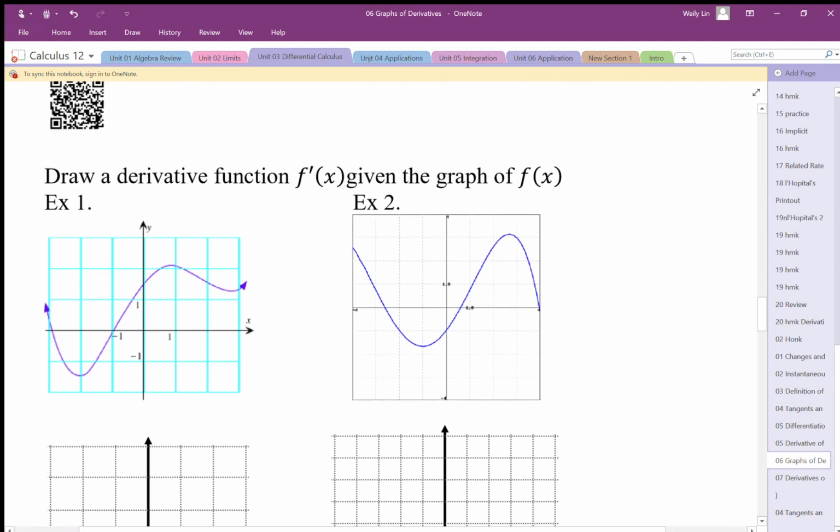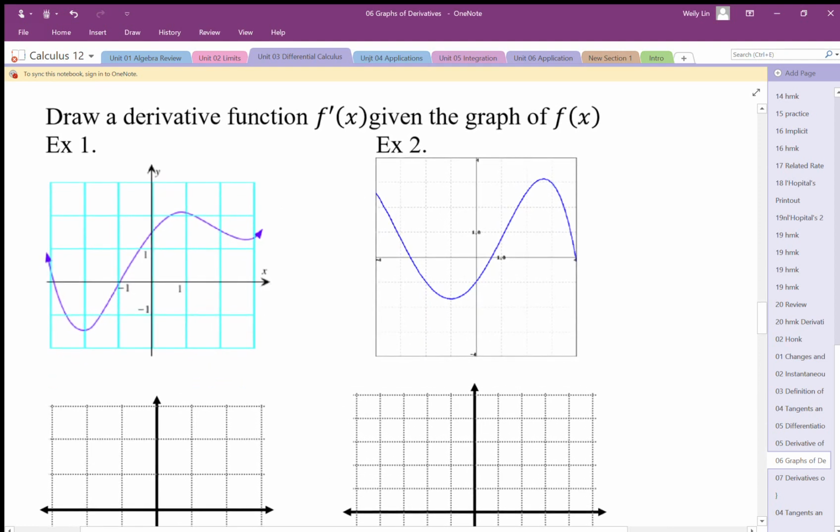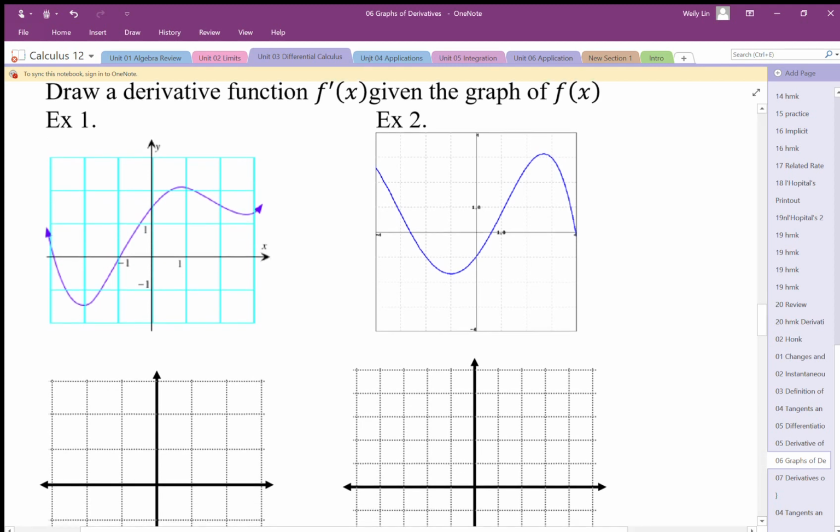So again, I'm going to look at the three main ideas that we've been looking at. We're looking for where a graph has zero slope. We're looking for where the graphs are positive and negative, and we want to see if we can use a polynomial power relationship. So I'm looking at example 1.